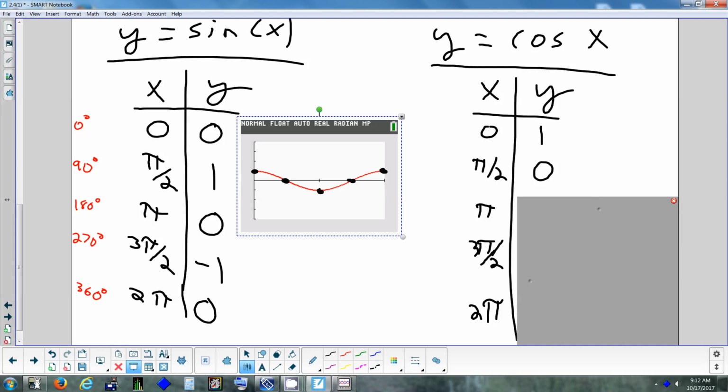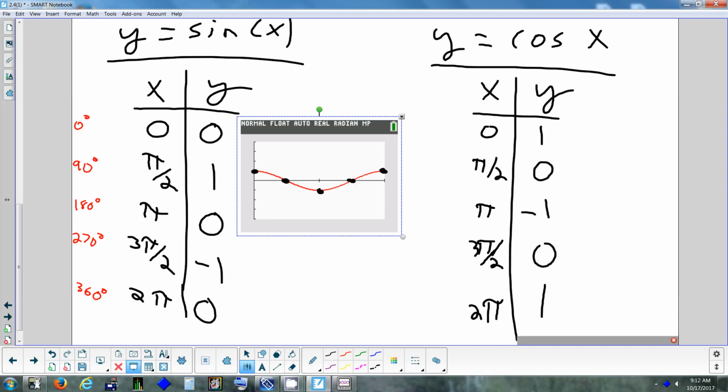Yep, -1. So now we've hit the low value. Connor, my next y value? 0. And my last y value, Ryan? Back at 1. Back at 1. Those y values are just going to keep repeating. 1, 0, -1, 0, 1, and so on. They just keep repeating.